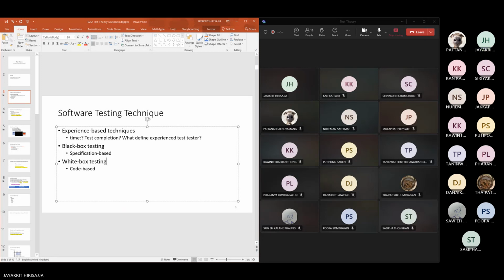Normally in a small software house, in small teams, sometimes we just do black box testing. It's okay for 80 or 90% confidence that this is working, but it still may have some unexpected behavior of the software.